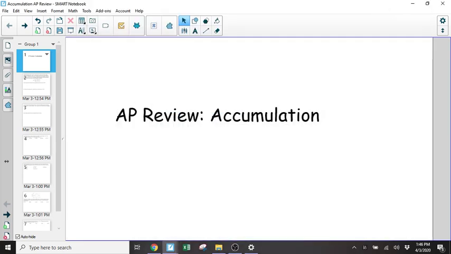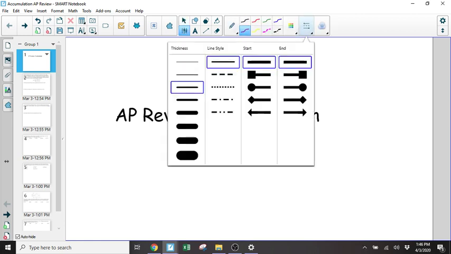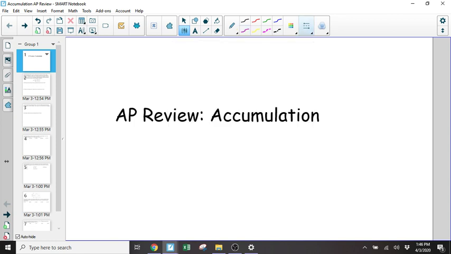Okay, on today's review, just using this platform to remind us of the topic of accumulation. Very generically speaking, when we're talking accumulation, we looked at this most recently as finding a total number using an integral given a rate of change.